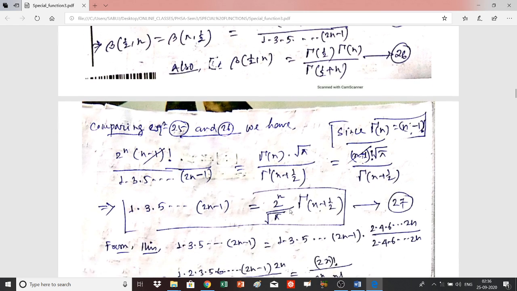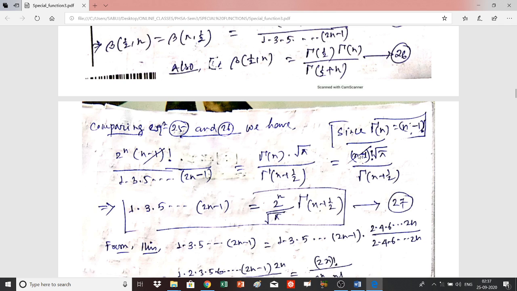Now you know that gamma n is nothing but n minus 1 factorial. It is also proved in our previous lecture. So gamma n can be written as n minus 1 factorial, then square root pi, and in the denominator gamma n plus half.